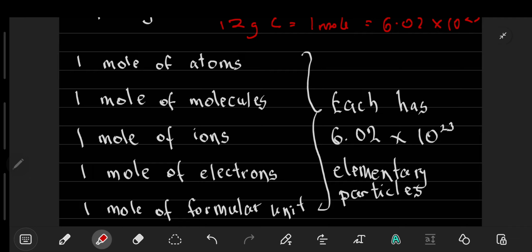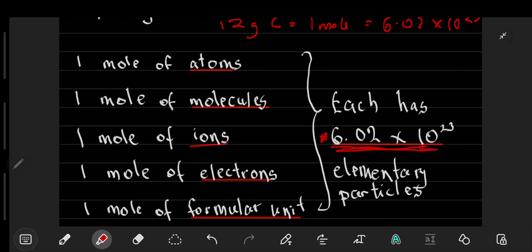Anytime you are told to find the number of particles in 1 mole of atoms, that tells us that 1 mole of atoms has this number of particles. In the same way, 1 mole of molecules, 1 mole of ions, 1 mole of electrons, and 1 formula unit of any compound have the same number of particles.